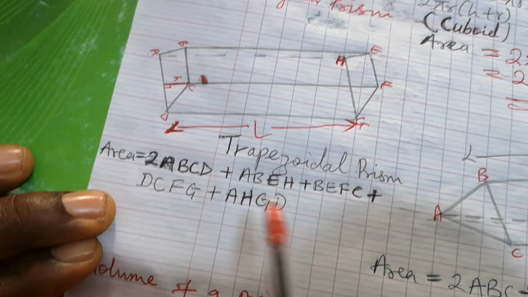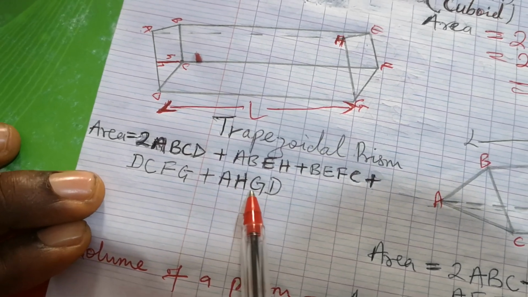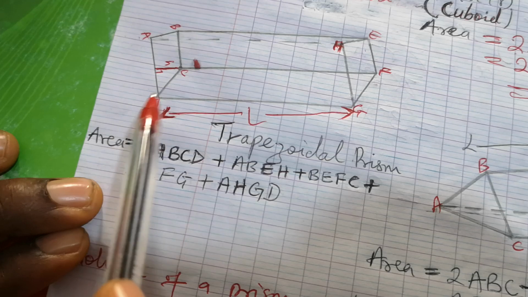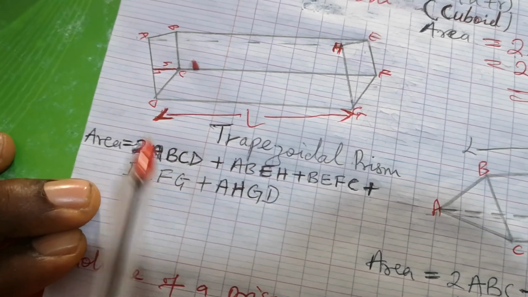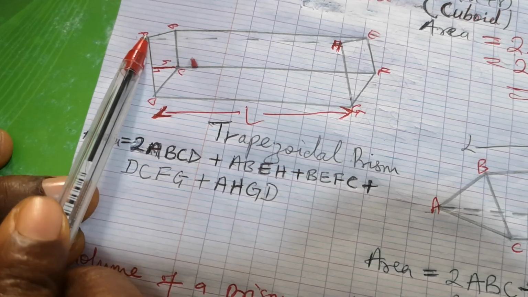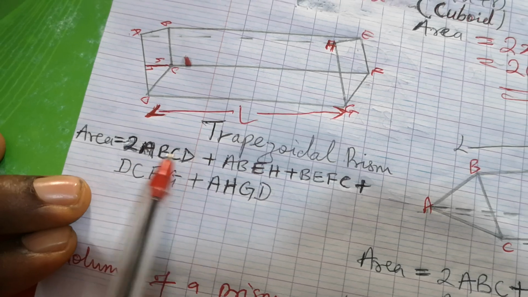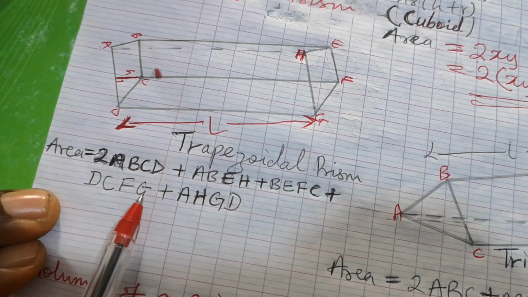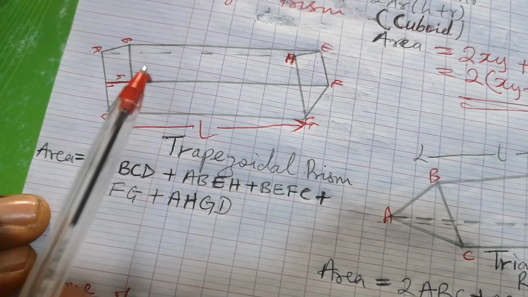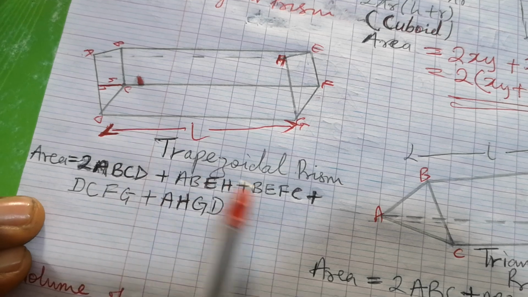Now plus the area of rectangle AHGD, that is the one on which this body is resting on the floor. So by the time you find all these areas and add them, that will give you the area of the solid, the trapezoidal prism.